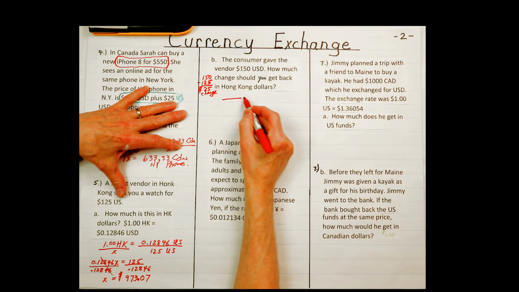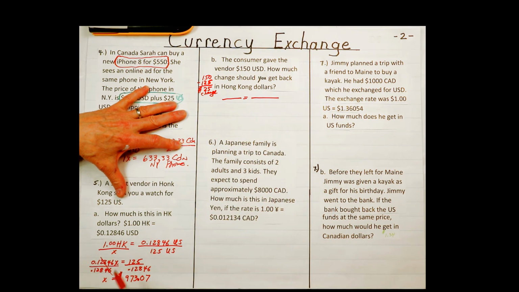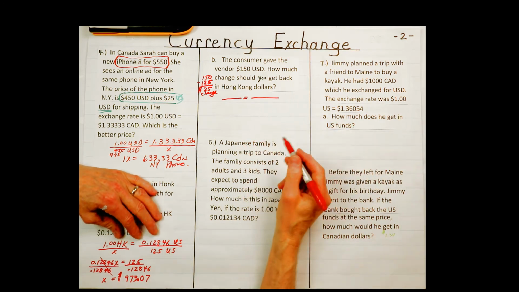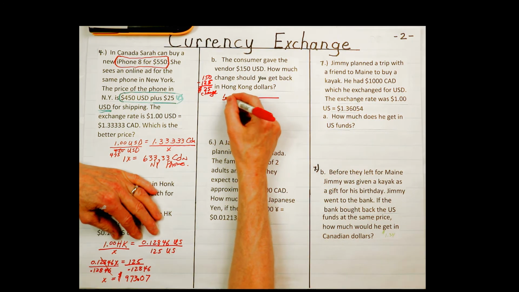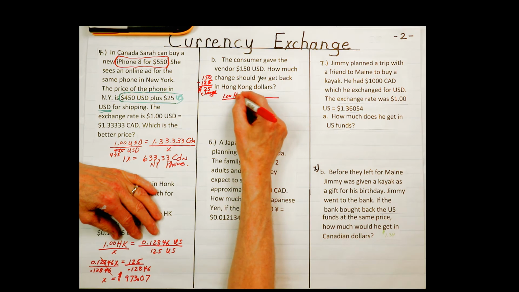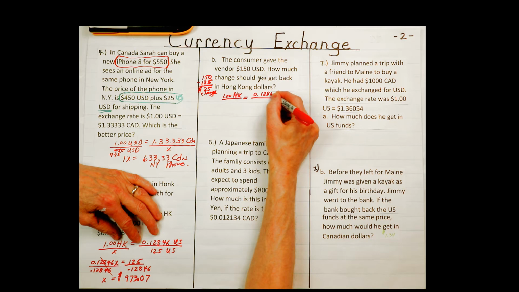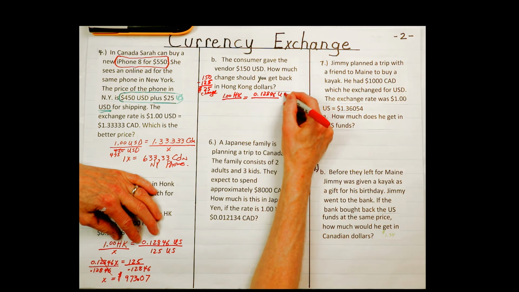Okay, so we're going to use the same rate because it's on the same day. It's actually within the same minute. So 1 Hong Kong dollar is 0.12846 US.